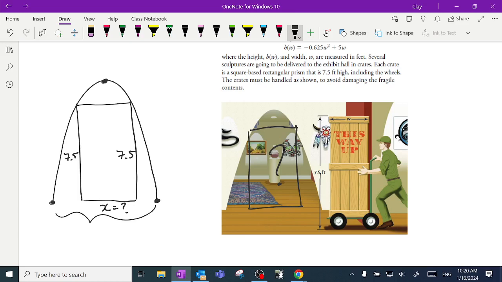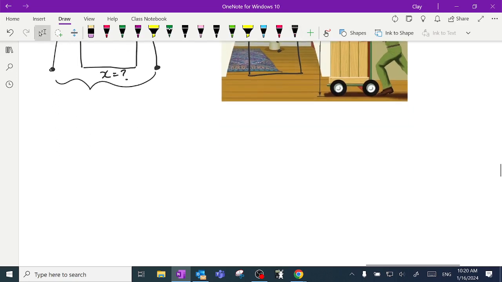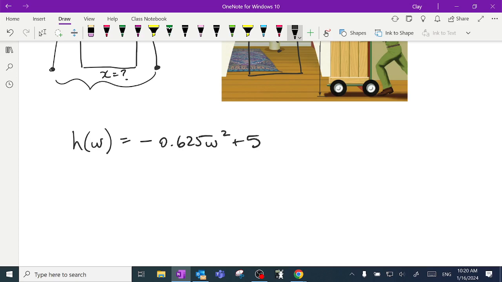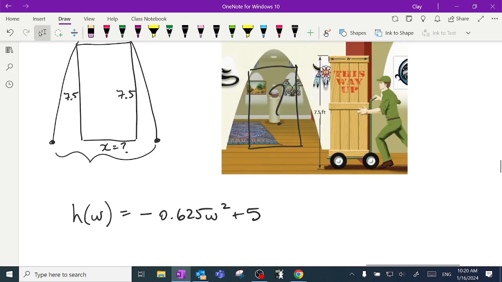Okay, so let's take a look at the formula. The formula is, again, height as a function of width is negative 0.625 w squared plus 5. Okay, so what I'm going to do is say, all right, this height here has to be 7.5.